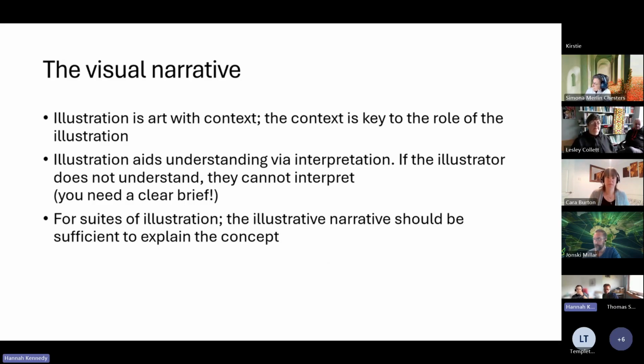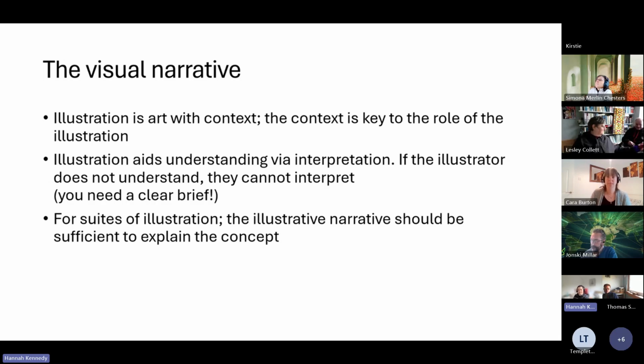Illustration is essentially a visual narrative that runs alongside a data concept or an idea or a work of information. So it is not an isolated creative output. It can be artistic and it can be art, and art can be illustrative, but the key there is context.